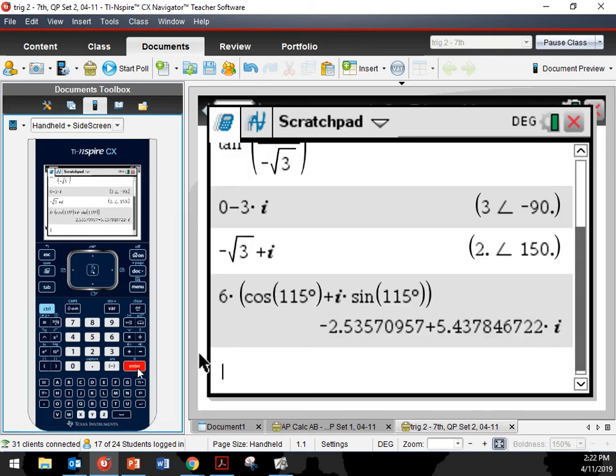There we go. So my answer is going to be in rectangular form: negative 2.54 plus 5.44 I.